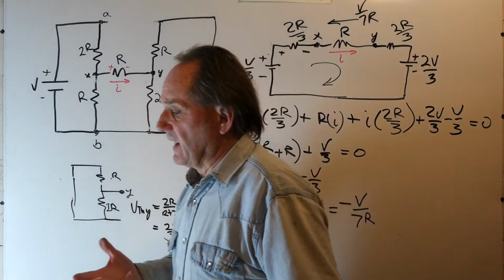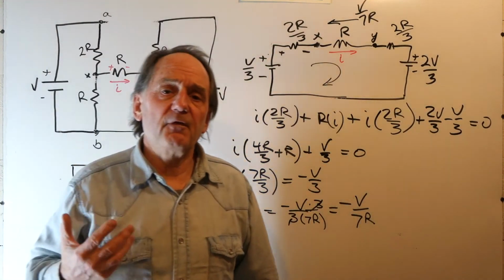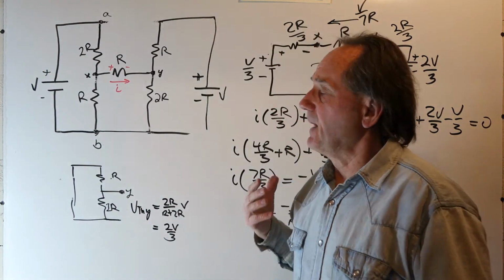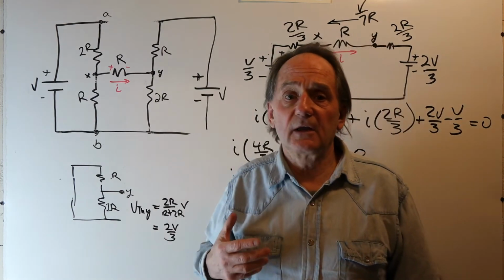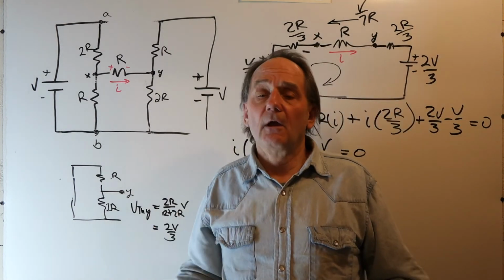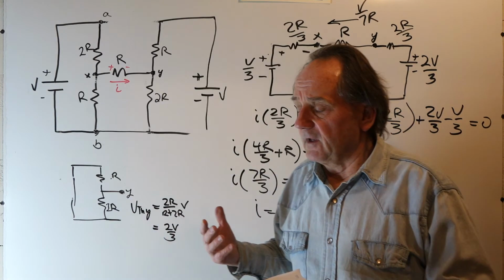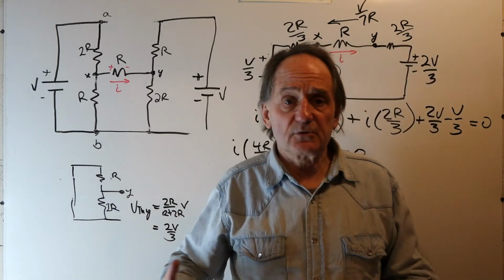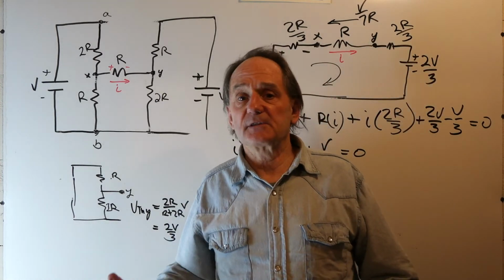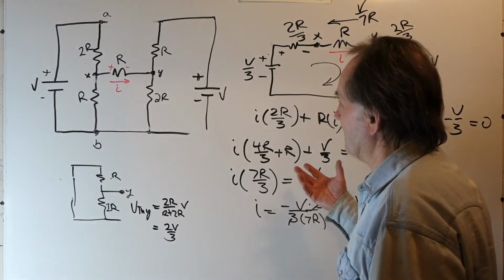But the Thevenin network equivalents are very, very powerful. It doesn't matter how complicated your circuit is, whether it's an AC circuit involving resistors, capacitors, active circuits with transistors, operational amplifiers.